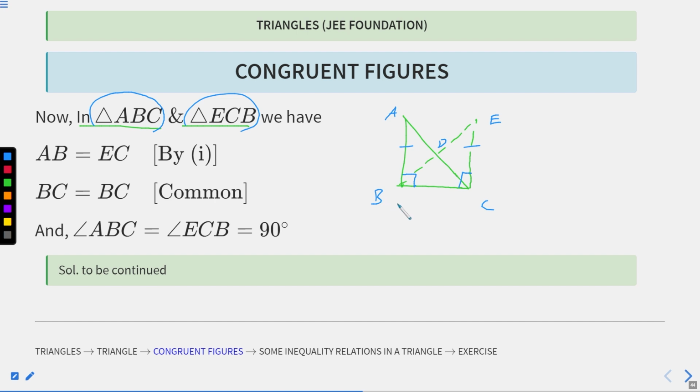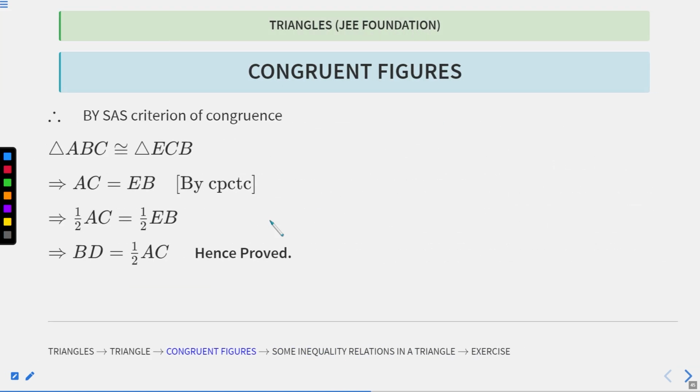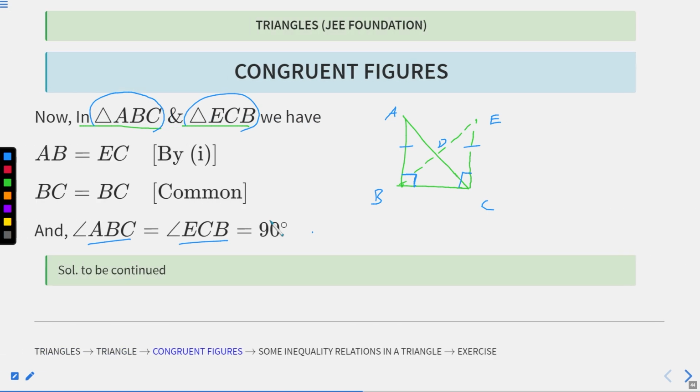The angle ABC and angle ECB are both 90° angles. So this means, side angle side, okay, side angle side.